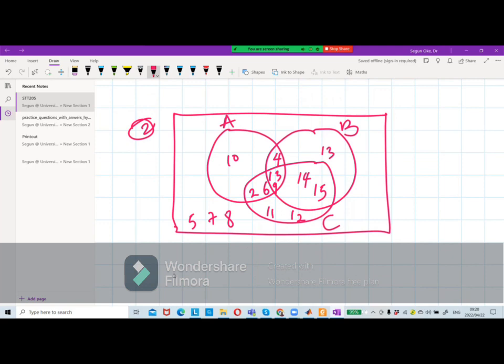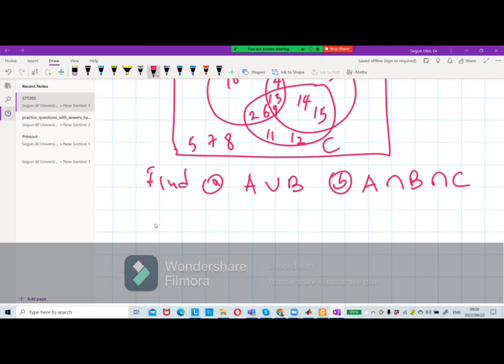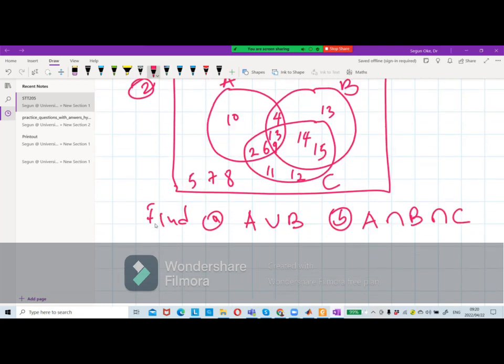They can ask you to find A union B, A intersection B intersection C. We can also ask you A prime, B prime, and C prime.